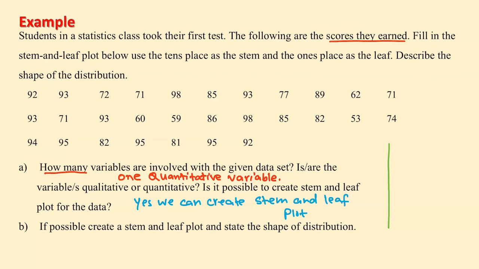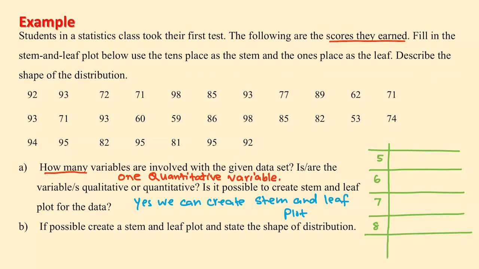So we'll write like this. For 50s, 5; 60s, 6; 70s, 7; 80s, 8; and the data values in 90s, 9. So these are the stems. This side we have leaves.